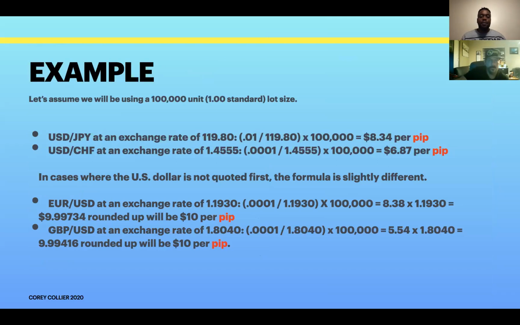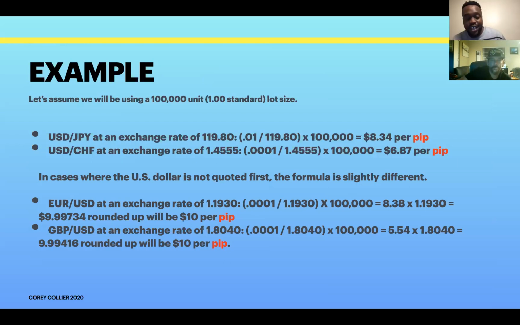So here's some more examples, guys, going back to the value of a pip, right? This is where I wanted to get to. So let's assume that we're going to use a standard lot size, right? We always say that, hey, 1 standard lot is equal to $10 per pip. Well, that only stands true for certain trade instruments.